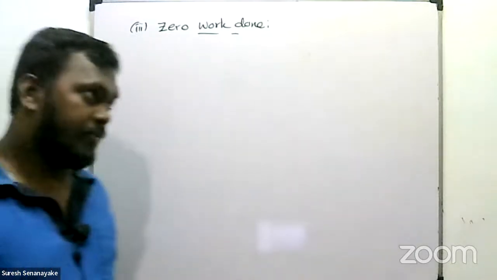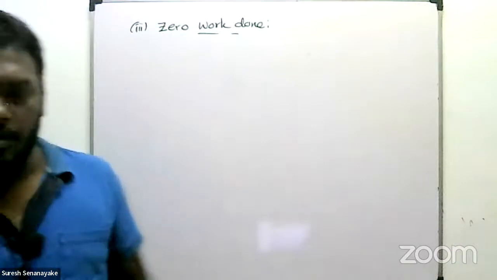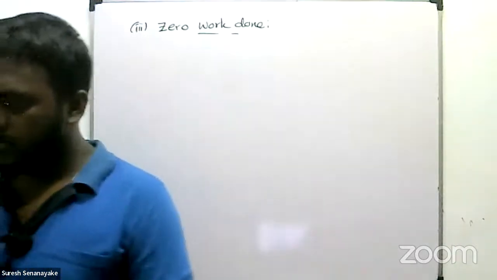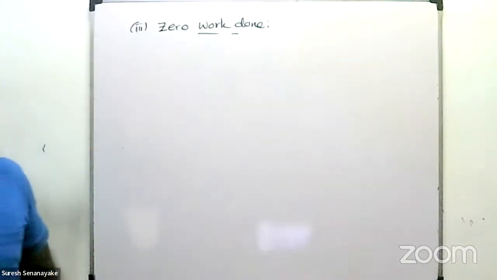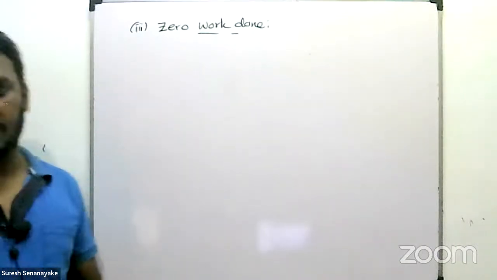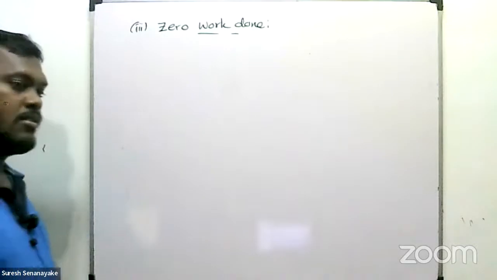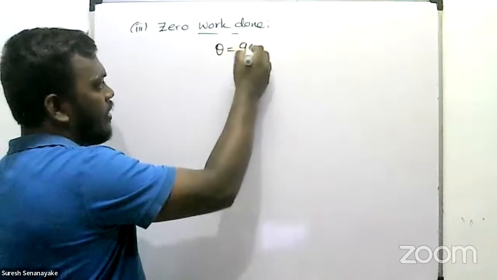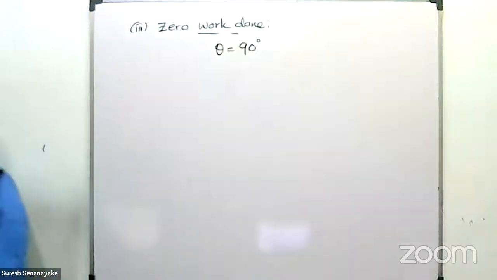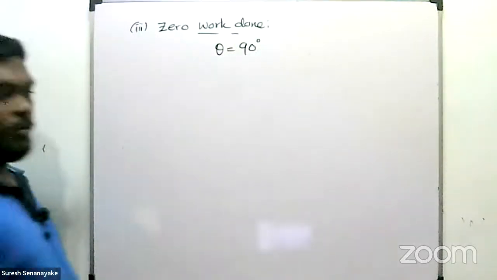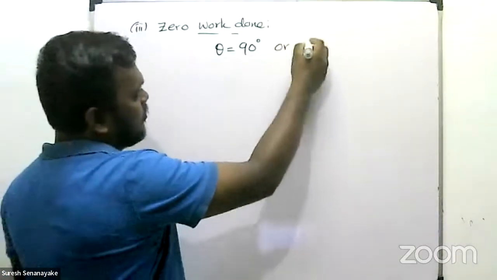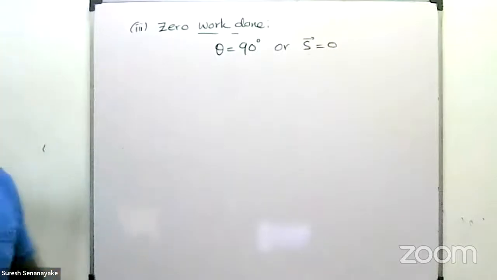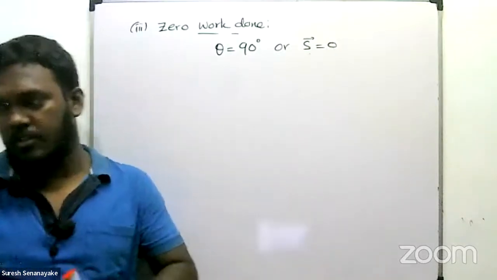The work done by a force is zero if either theta equals 90 degrees, or the displacement is zero.